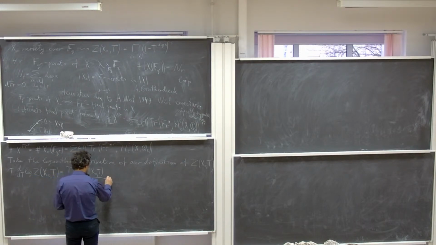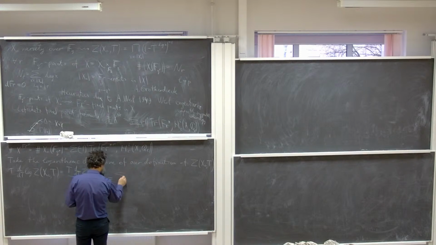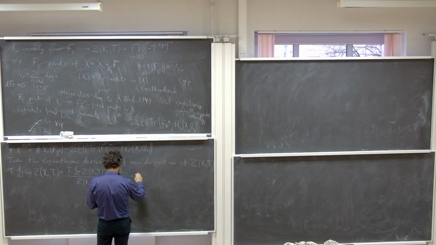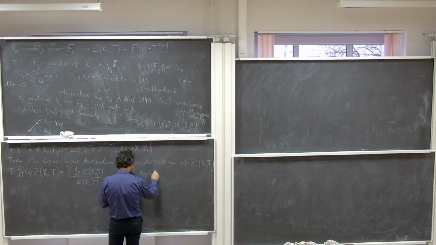Okay, so this is the sum over all closed points of minus negative degree of x times t to the power degree of x over 1 minus t to the power degree of x.